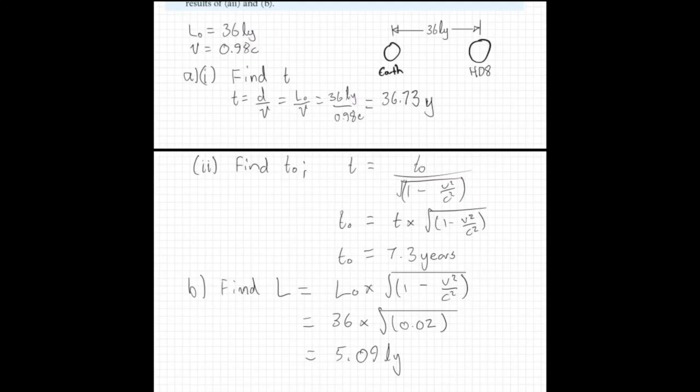Square root of that, and then that is times by 36. Sorry. And now I don't know what I need to write in here. 1 minus 0.98 squared, and then I'll just have calculated it from there. You end up with 7.16 light years.